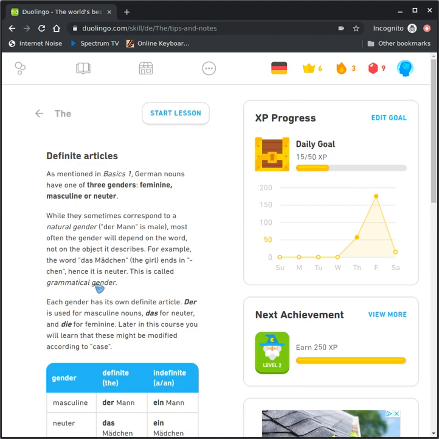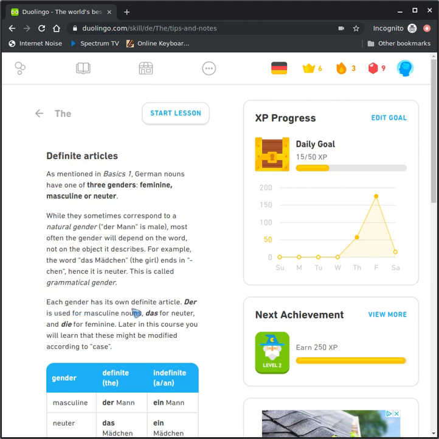And so if you say mein Liebchen, not meine, mein Liebchen is my love, my little love, my little dear, or whatever. So anything with a chen, you add that diminutive, it takes over the gender. Hence it is neuter. This is called grammatical gender.